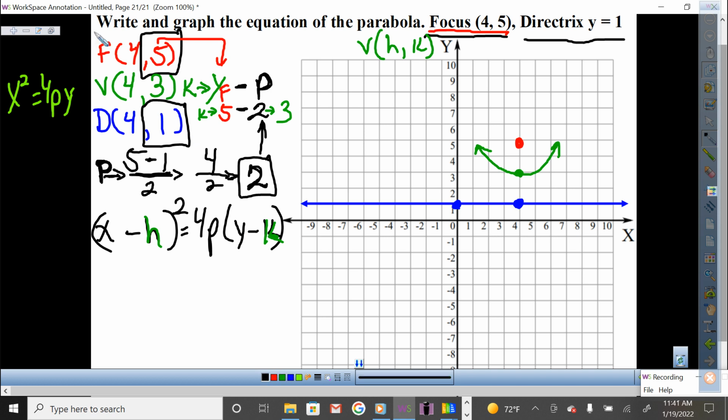No. The last step is to rewrite our equation. So I'm going to write x minus blank squared, 4 times blank, y minus blank. All right? So, with that said, all we have to do is substitute. Tell your neighbor what h and k are. What are h and k?